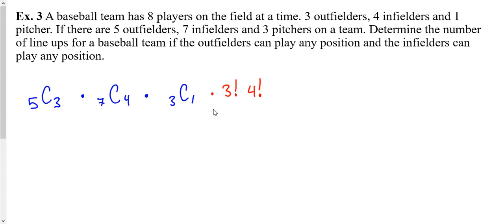So once you pick the person, it'll be 3, 2, 1 and a 4, 3, 2, 1 for the people that you picked, and there's only 1 position the pitcher can play. In total, if you run these numbers here on your graphing calculator, because now we're using the combination function, again, you want to run this on your graphing calculator, we get a total of 151,200 options to set up this team.